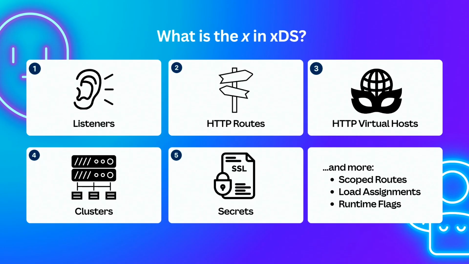Secrets Discovery Service, and there's even more. You can do scoped routes, load assignments, runtime flags. The xDS API is pretty generic, and if you were creating a new configuration entity within the Envoy tree, you could potentially create an xDS for it.